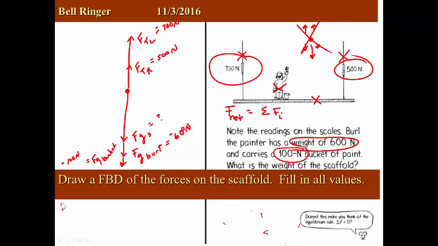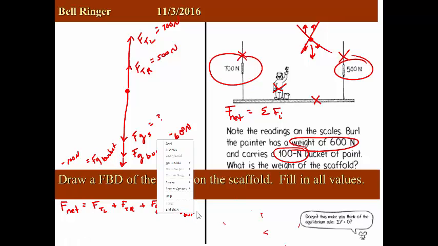So F net is equal to the force of tension from the left rope plus the force of tension from the right rope plus the force of gravity of the scaffolding plus the force of gravity from Burl, plus the force of gravity from the bucket.